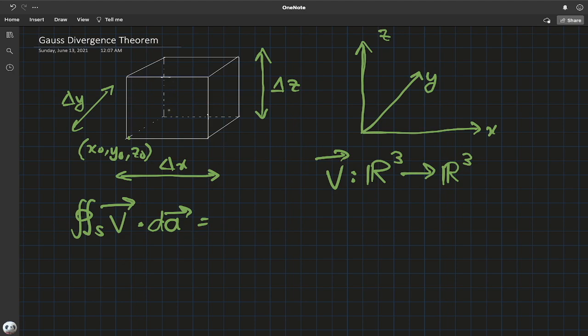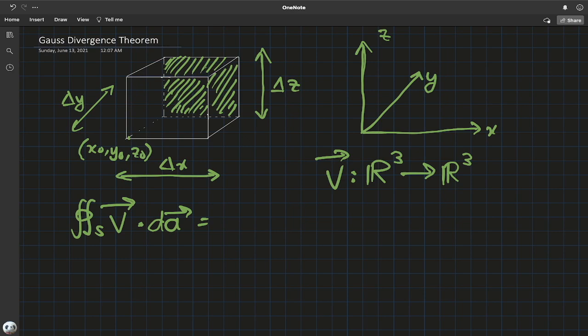For the face that is most away from us, this face, our area vector is in the y direction, because an area vector is perpendicular to the plane of the surface, so it's going in the y direction clearly.